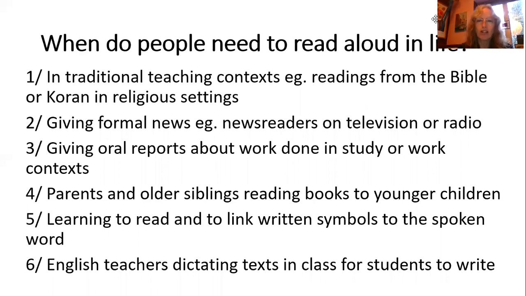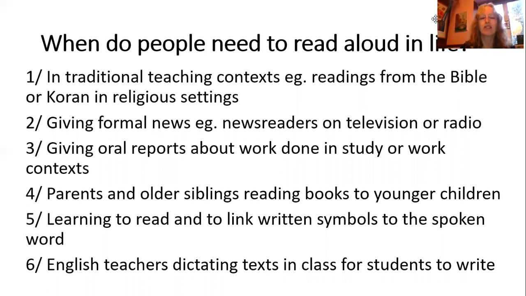We do that a lot in the UK for hours every day, if we can, when children are little, when they are 2 or 3 months old, until they read by themselves when they are 7 or 8. And that is one of the best educations, I think, to help children get all these ideas of creativity and language. Number 5, people read aloud when they're learning to read, when they have to link the symbols to the spoken language. And we, as English teachers, dictate texts in class.